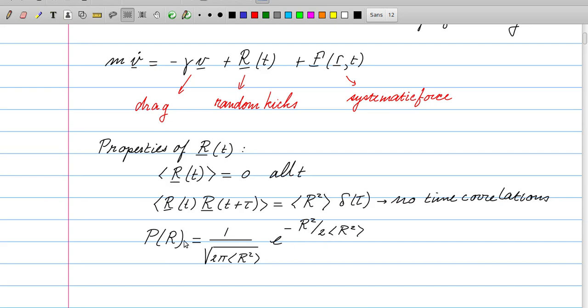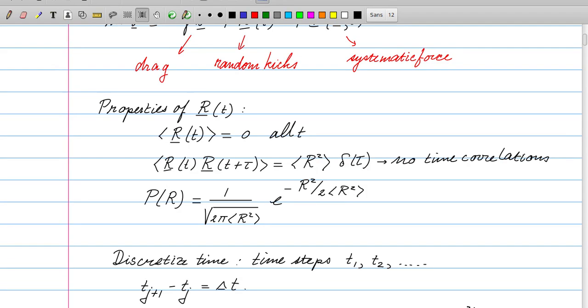P(R) represents the probability density for finding a random force of size R. This should in fact be a vector, but you can read this as one component of R. So each component of R is subject to this probability distribution, which means that if we run, for example, a computer simulation, we draw a random force at each time from a Gaussian random distribution, and then we feed that into the equation of motion. And we do that for each component, so that's why R here is not a vector but just a number.